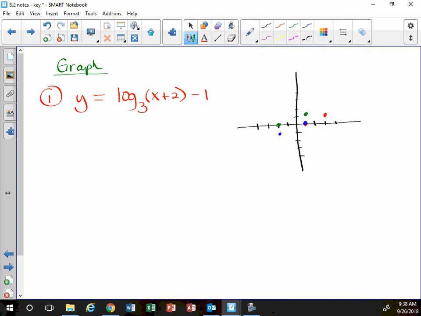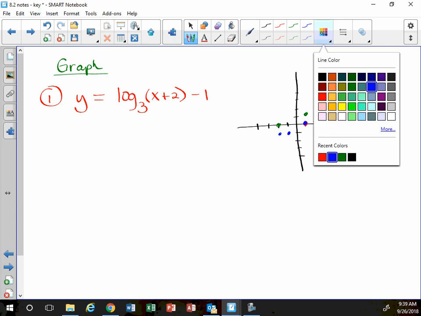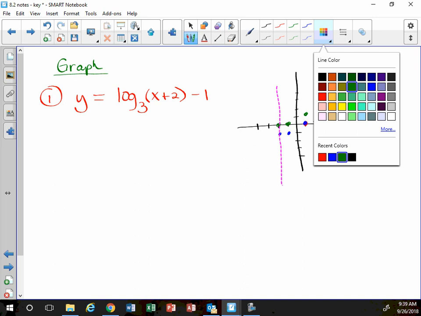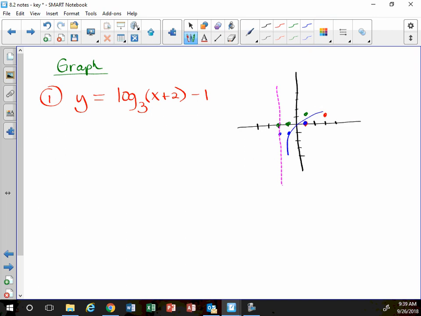Your asymptote is over here. I went too far, didn't I? I went left 3. More. All right, guys, that's what it should have looked like.